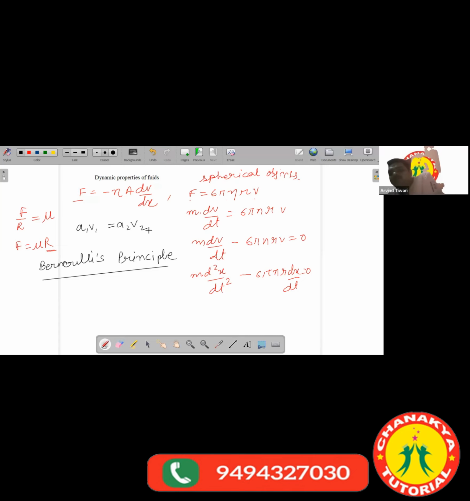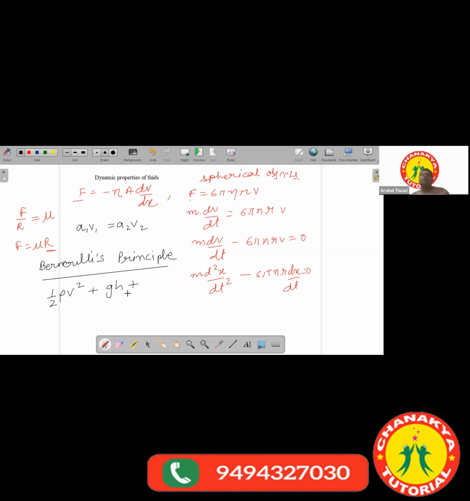Here we have put certain assumptions. Now Bernoulli's theorem states that the sum of the potential head, kinetic head, and the pressure head is a constant. The kinetic head is 1 by 2 rho v squared, plus rho gh is the potential head.